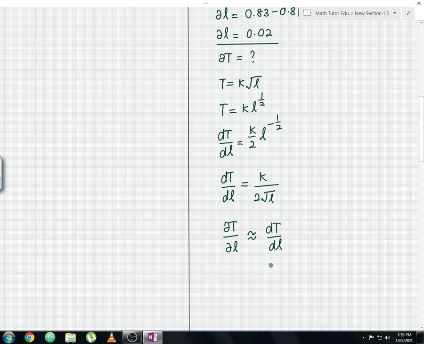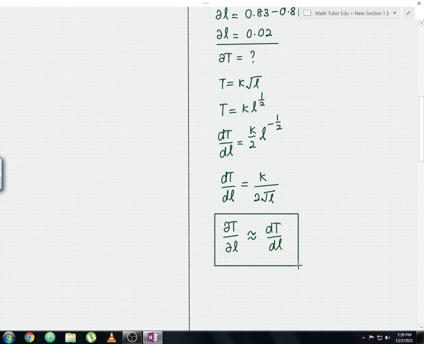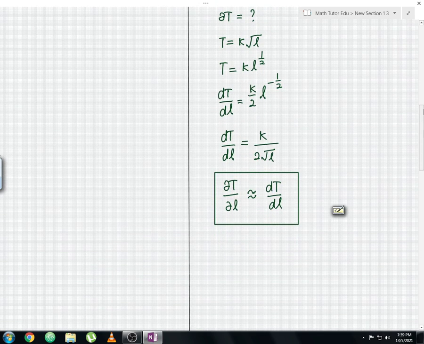So this is the formula guys that we're going to use to solve this question. Let me box this. Delta L we know, dt over dL we also know. The only thing we need to find is the delta t. So let us continue.